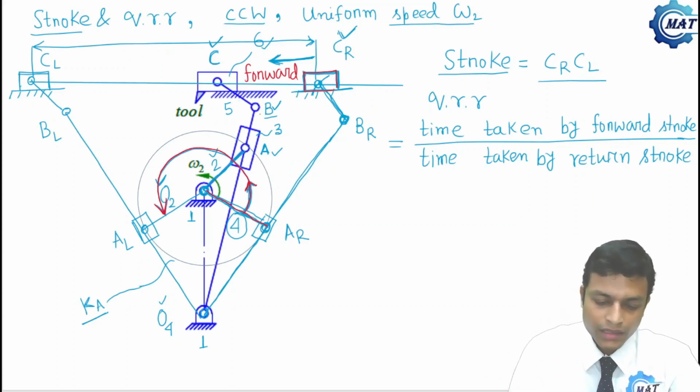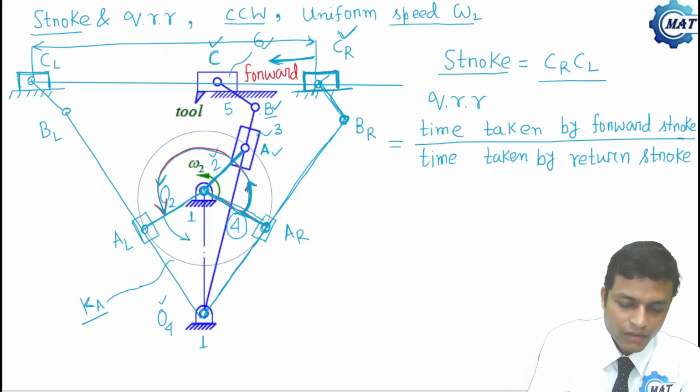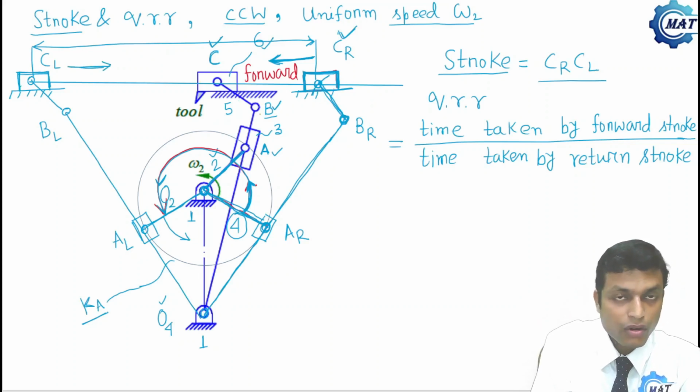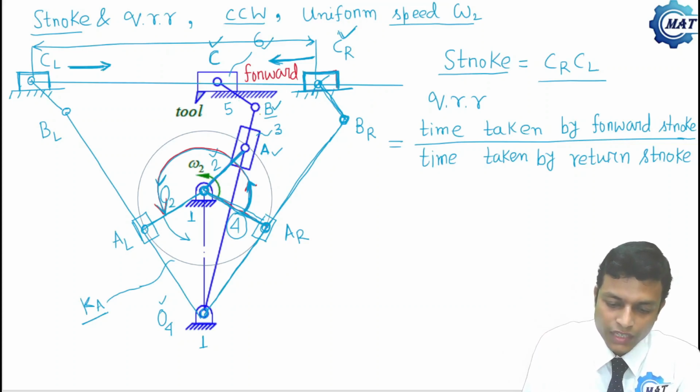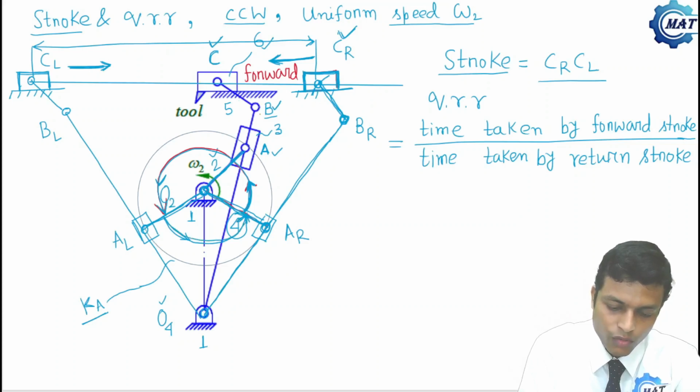After that, from O2AL, the crank starts moving further in counterclockwise direction, and the slider comes back because CL is the extreme position. The slider cannot move beyond CL. So the slider starts its return from CL and goes to CR, and the corresponding motion of the crank is O2AL to O2AR.